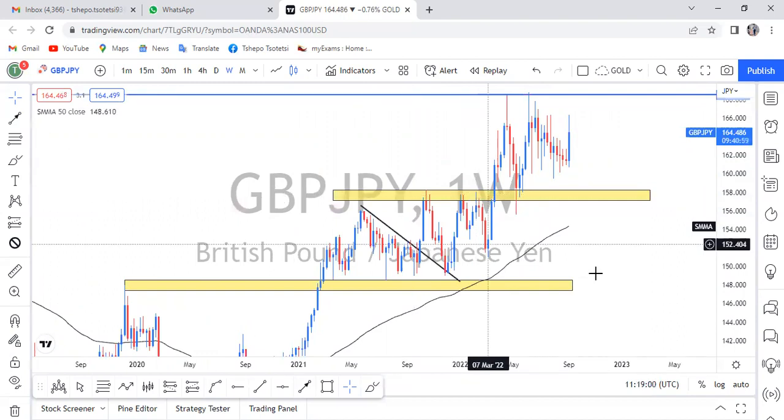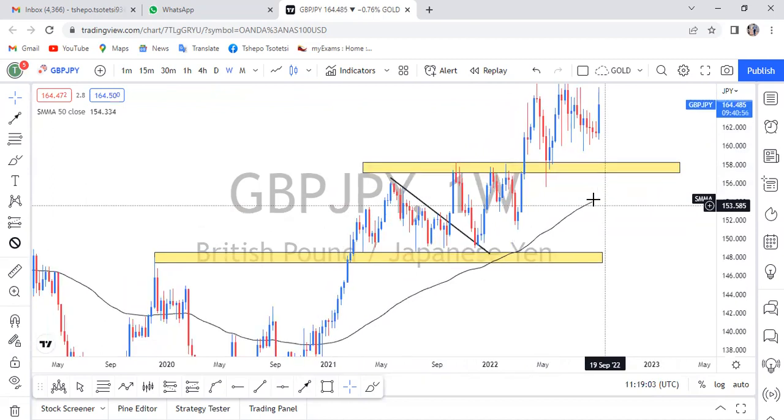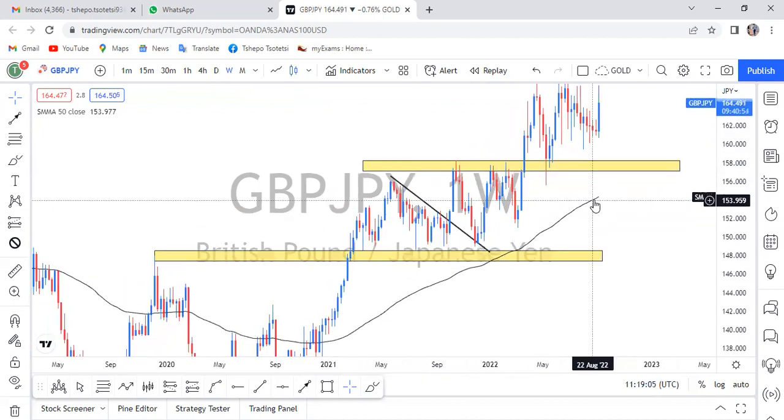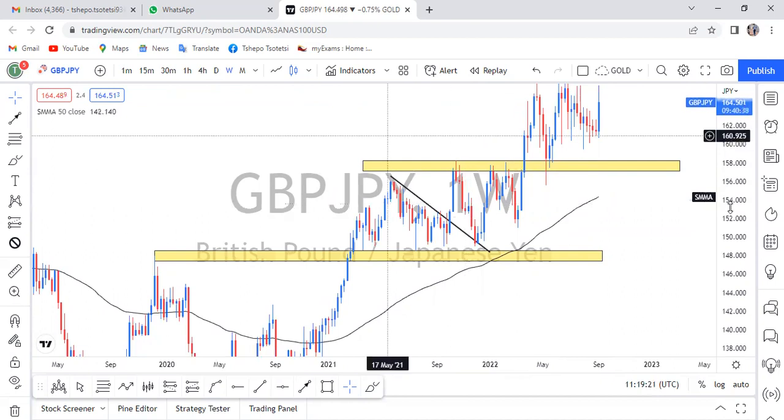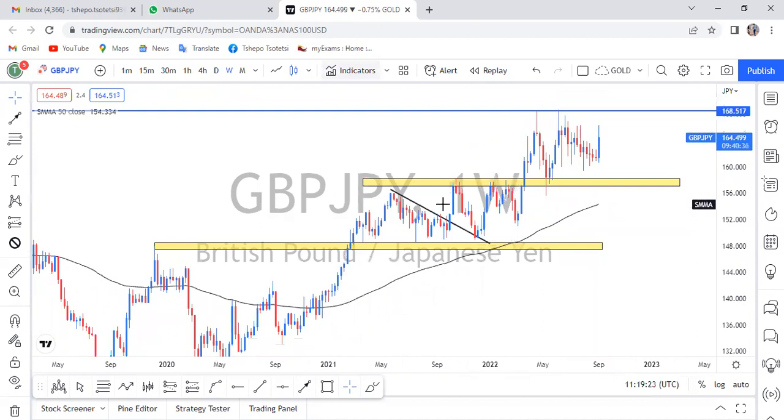We have our moving average as a support or resistance. We also have our trend line as support and resistance. And remember, a support can turn into a resistance, and a resistance can turn into a support. So let's go on a daily time frame.